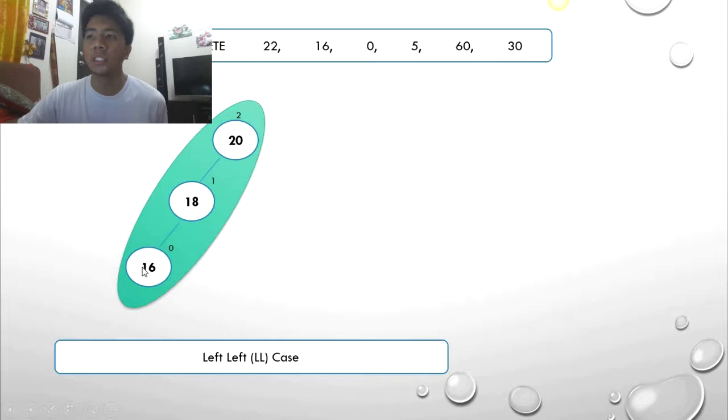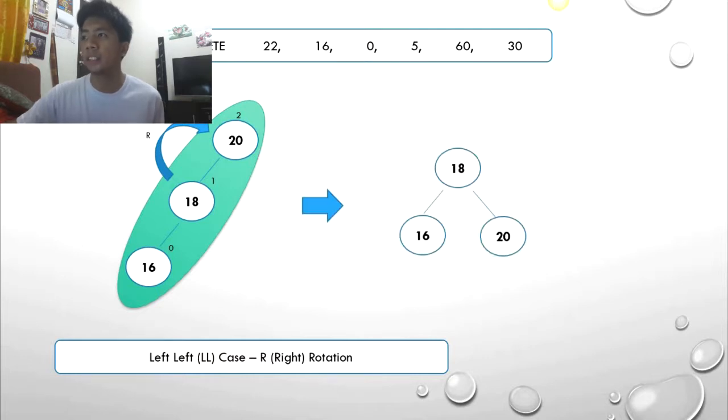Since it's a left-left case, our rotation will be a right rotation. 18 and 20 will be rotating to the right. 18 will be the parent and 20 will be the child. Here is the final rotation where 18 is the parent and 16 is the child, and 20 is a child also.